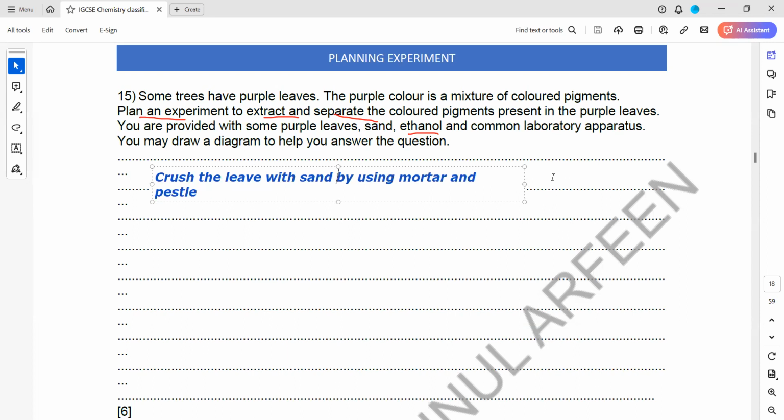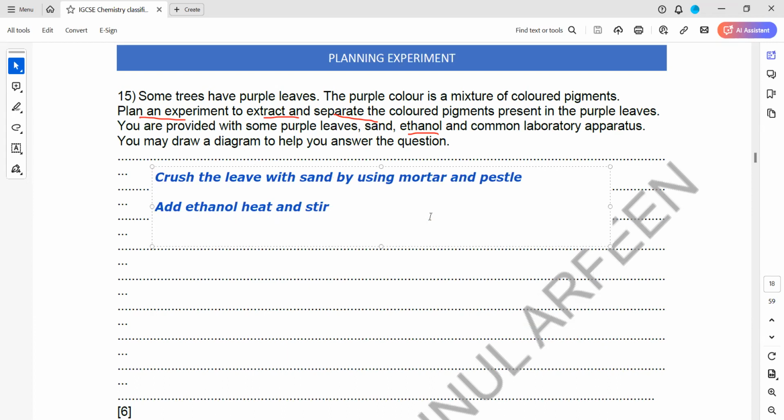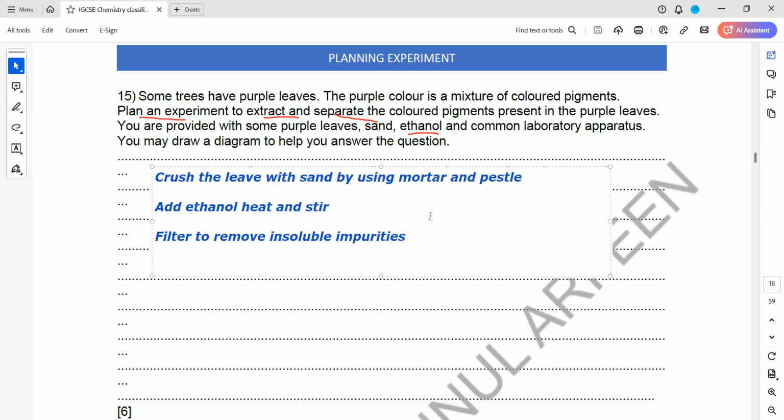Then afterwards, we will add ethanol, or we can transfer the mixture into a beaker, then add ethanol, and then heat and stir, so that we can increase the rate of dissolving, or increase the solubility. So that's why we heat and stir, by using a glass rod, we can mention that. Then we will filter to remove insoluble impurities. So insoluble impurities are removed by filtration.